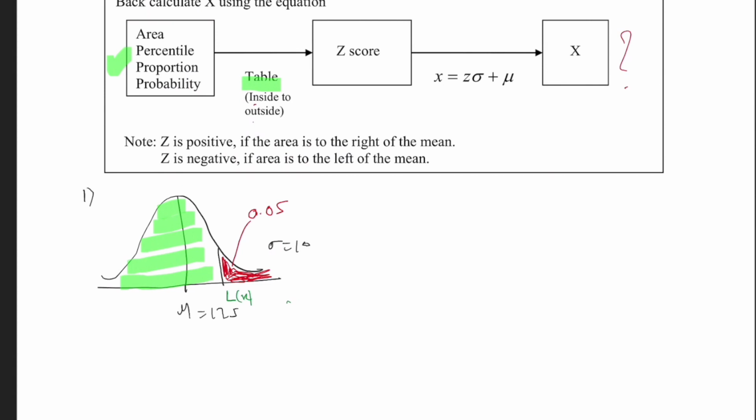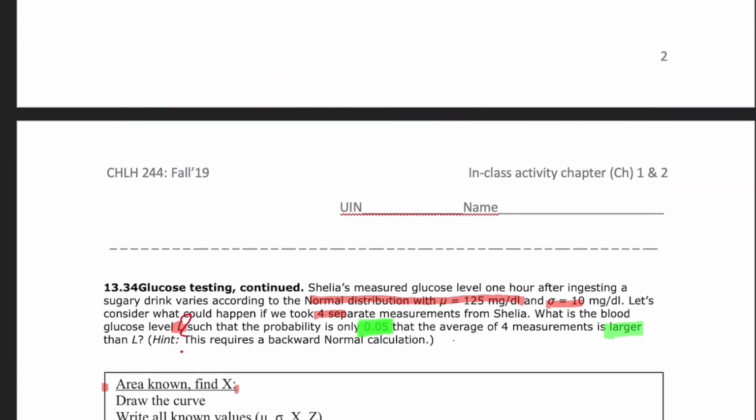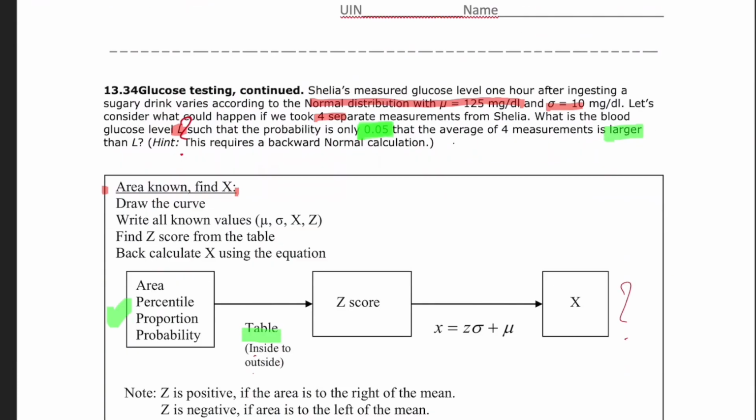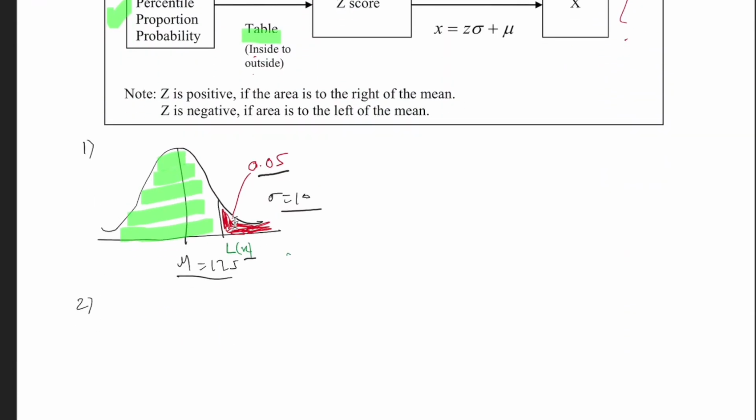So the area is given, we have to find x. We have completed the first step. The second step is also the same, the given data, so I've written down mu over here, sigma over here, the area, and L. So we have all the information written over here, and we know that it should be larger than that particular value, so that's also there.